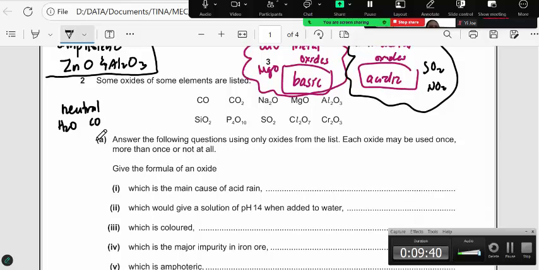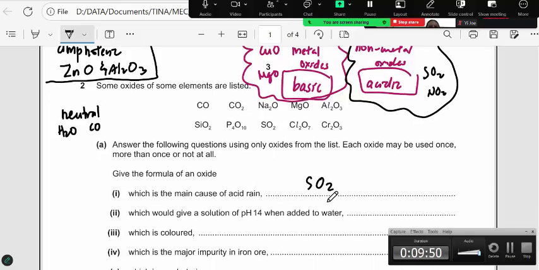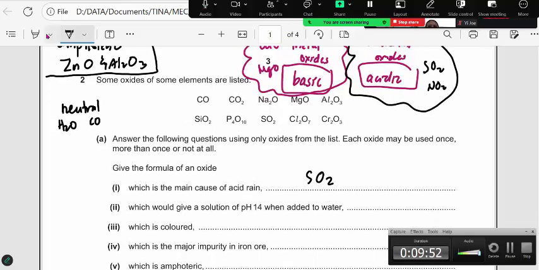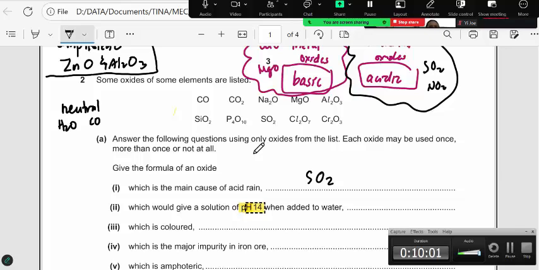Okay, let's do this together. Remember, what is the main cause of acid rain? Sulfur dioxide, which will give a solution with a low pH. Which one is the alkaline?